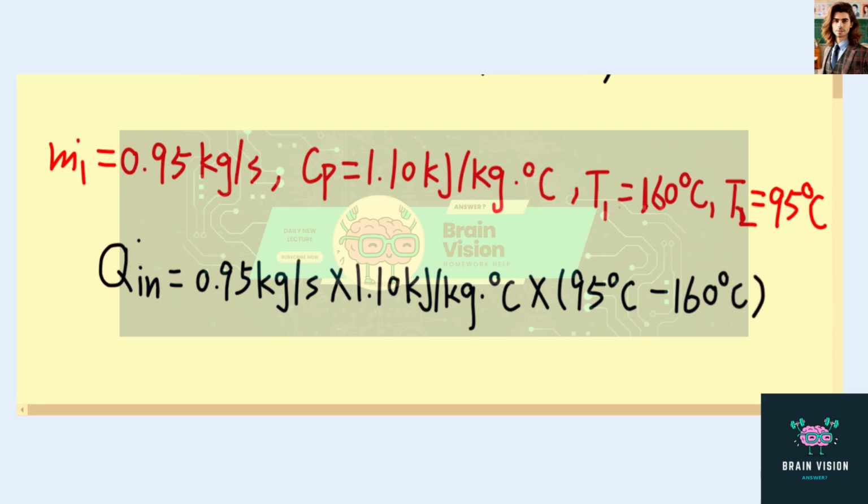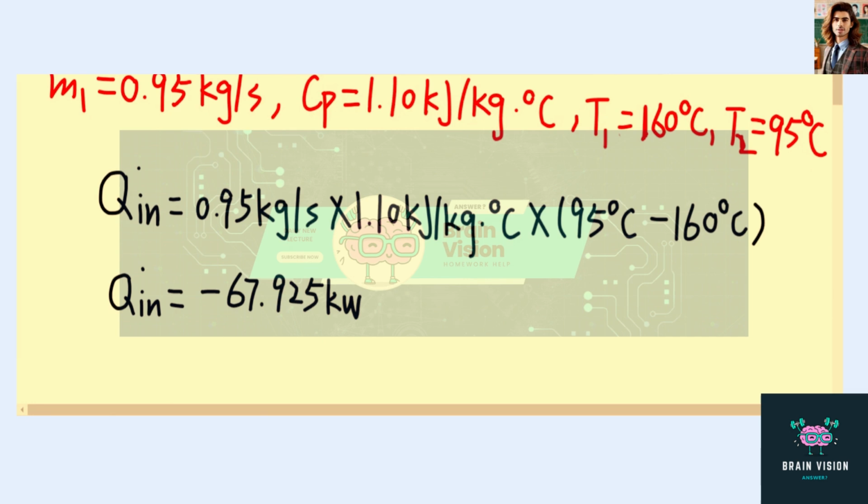And this will give us the rate of heat transfer into the combustion gases is about, actually it's negative 67.925 kilowatts. Okay, so since the value is negative, that means it's transferring out of the combustion gases.